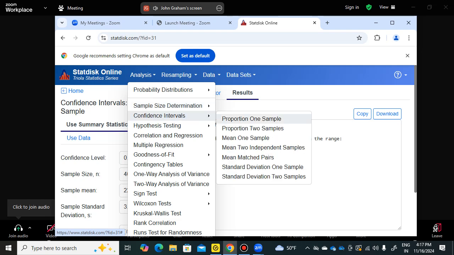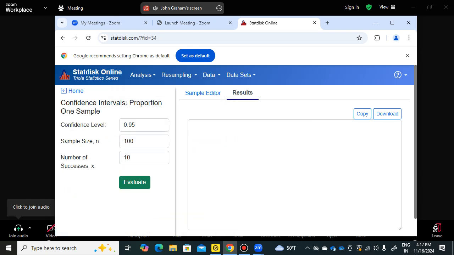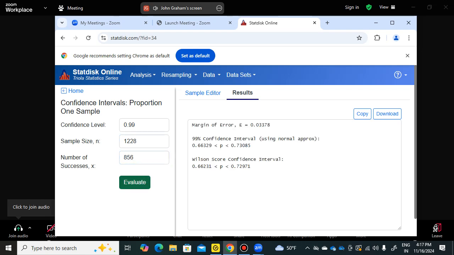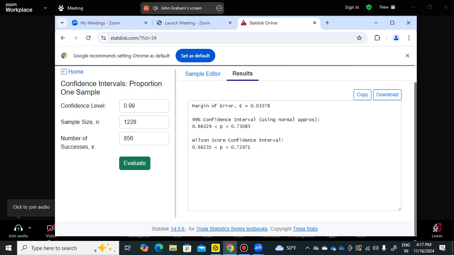Confidence interval, proportion 1 sample, 0.99. Sample size is 1228. Number of successes is 856. And we get a confidence interval of 0.663 less than p less than 0.731.